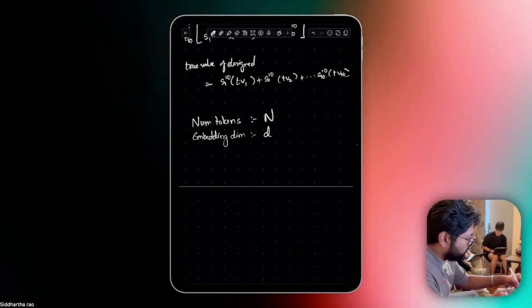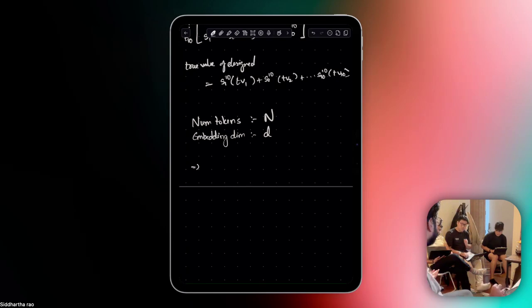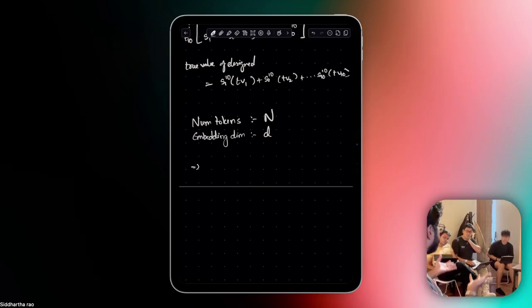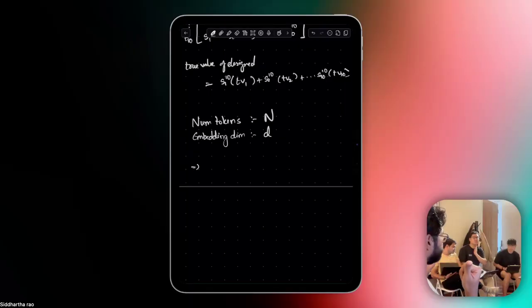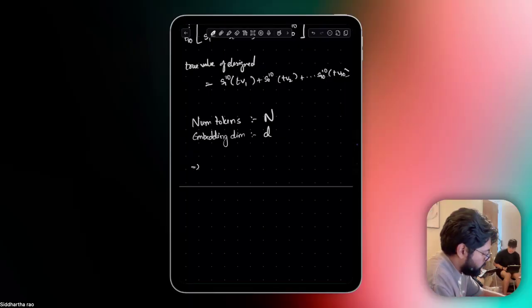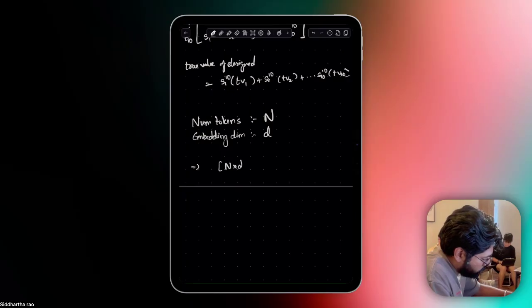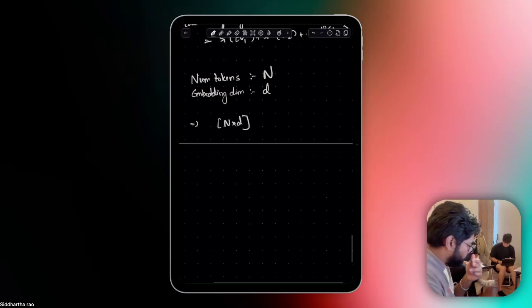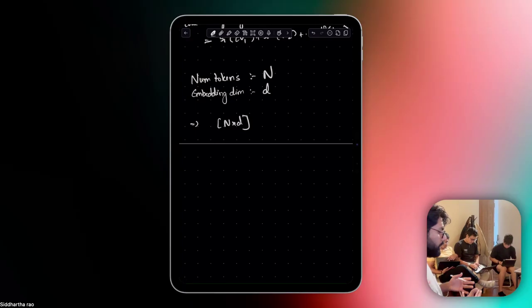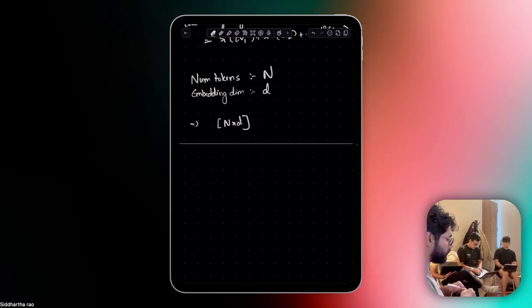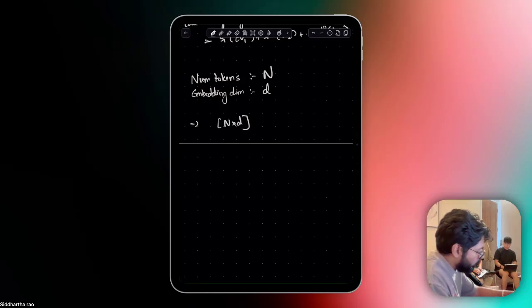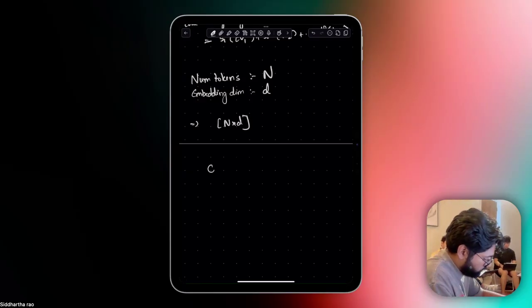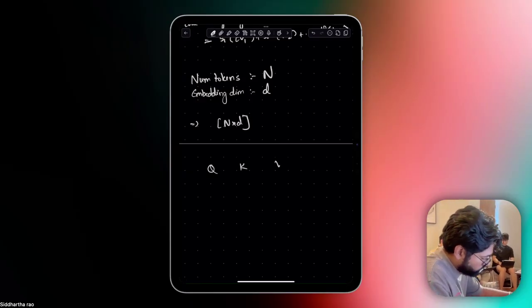So what is the shape of the matrix that would be incoming to the transformer? Embedded. N by d. So now your attention layer receives an input matrix of shape n by d, and now you're branching out into three terms. You have the x, which is n by d.